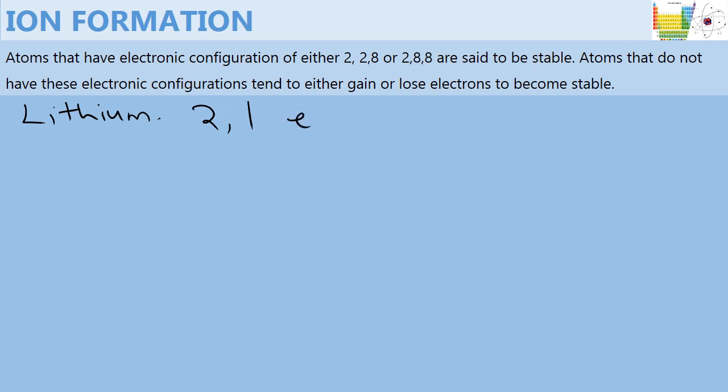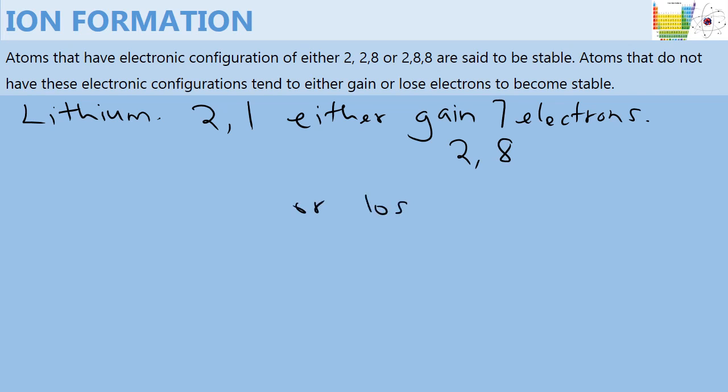It can either gain 7 electrons and form the configuration 2, 8, or it can lose 1 electron and form the configuration 2.